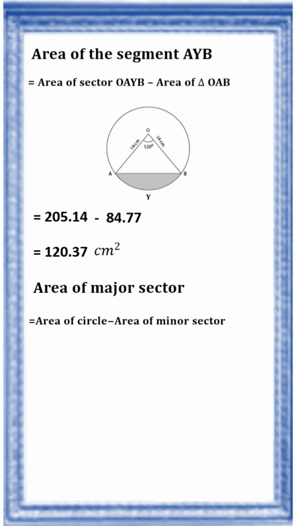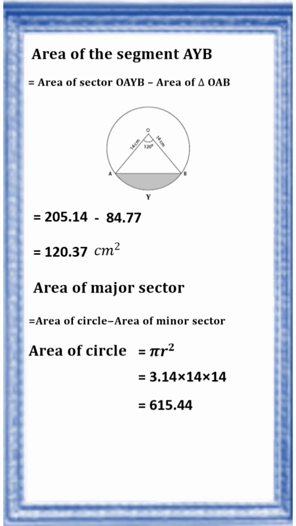Now let us find the area of the major sector, which is equal to area of the circle minus area of the minor sector. Area of the circle formula is pi r square. Now let us substitute the values. Pi is 3.14, radius is 14. That is equal to 615.44 centimeter square.